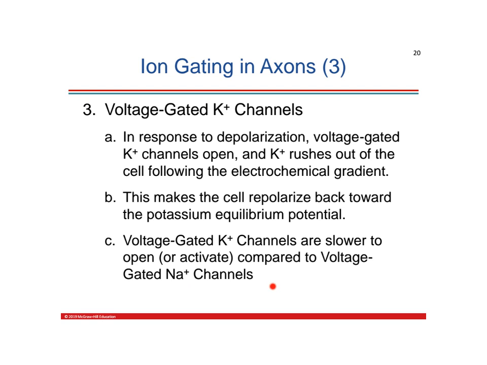Both voltage-gated potassium channels and sodium channels are activated or open in response to depolarization. Now, if they both opened at the same speed, then the action potential wouldn't occur, because the sodium would rush in, potassium would rush out, and there wouldn't be any action potential.